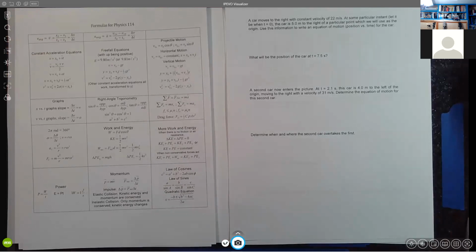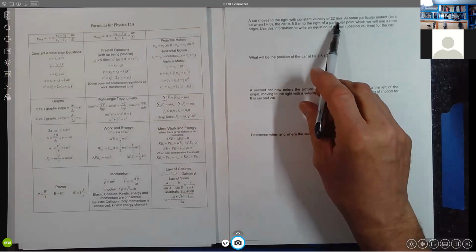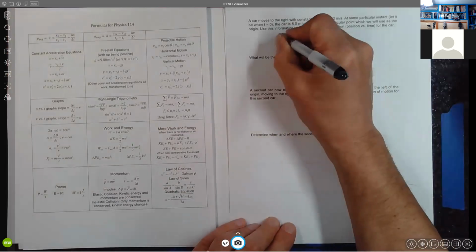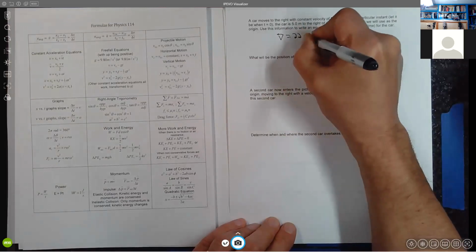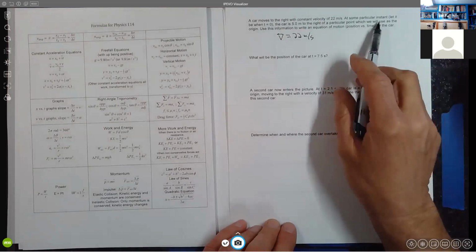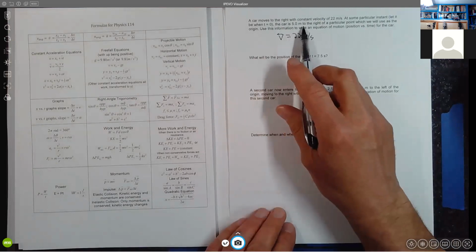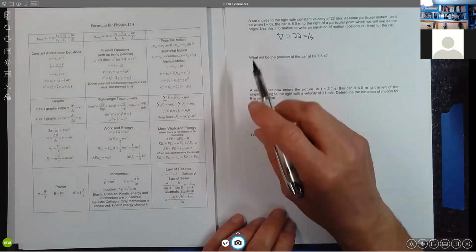All right. Anyway, in this situation, we've got a car that moves to the right with a constant velocity of 22 meters per second. So if it's constant, that's also its average velocity, 22 meters per second. At some particular instant, and let that be when t is 0, the car is 5 meters to the right of a particular point, which we will use as the origin.